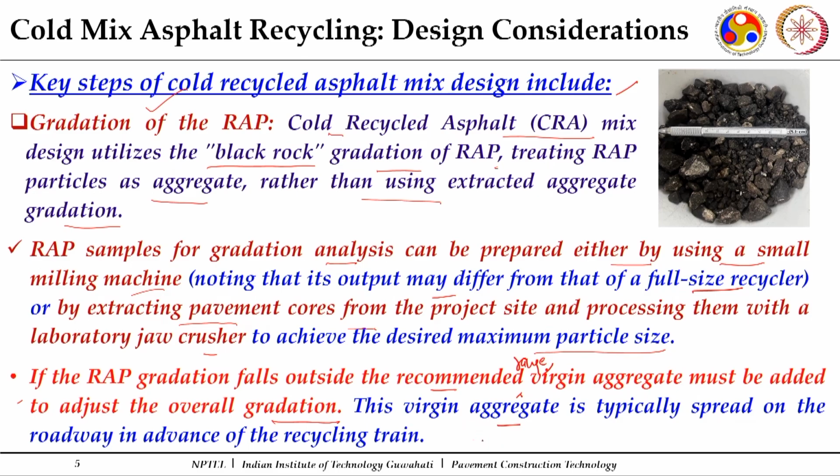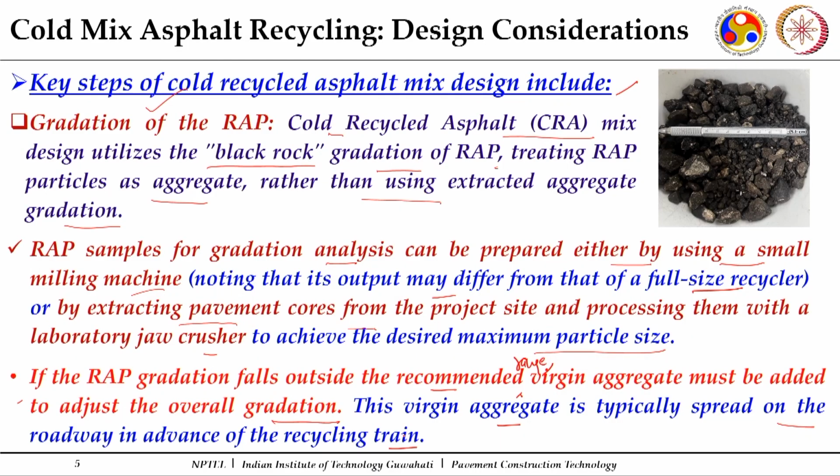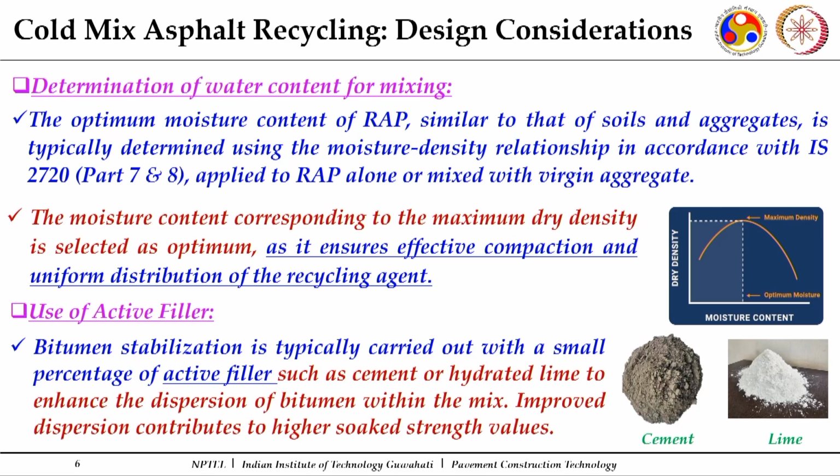Now how is this added in the case of cold in place recycling or full depth reclamation? The additional virgin aggregates or stabilizing additives which are required are spread on the existing pavement surface in front of your recycler. This is another important consideration.